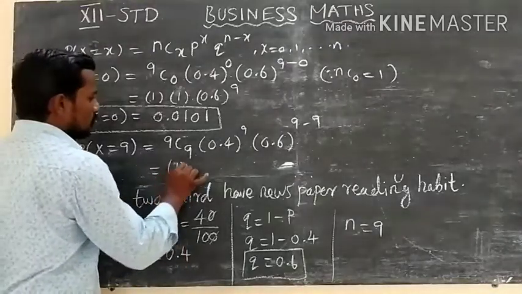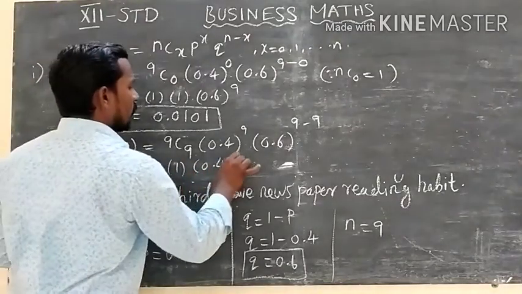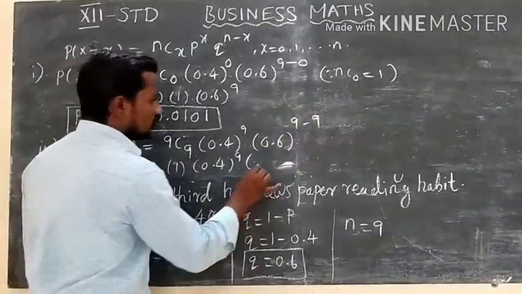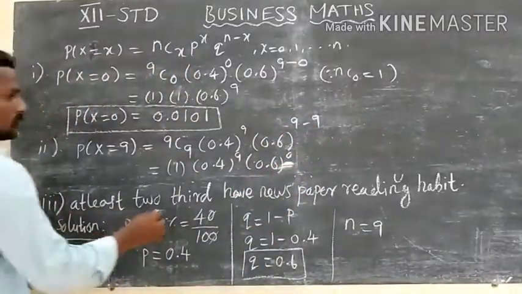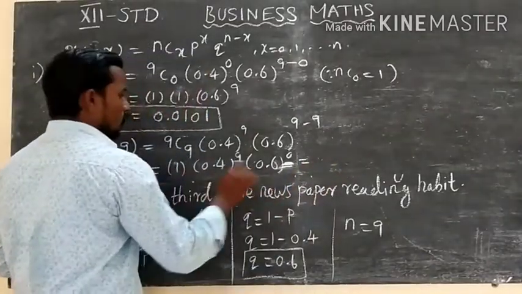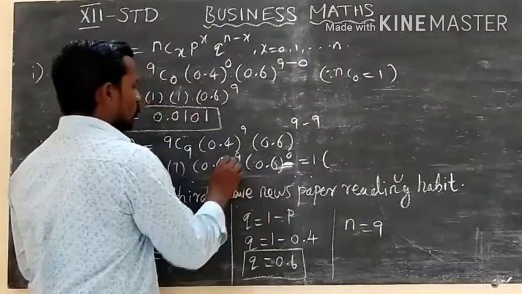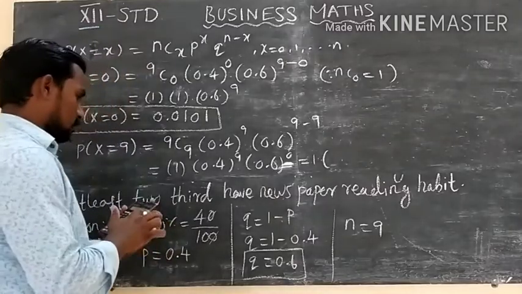So 1 times 0.4 power 9, and 9 minus 9 is 0, so 0.6 power 0.